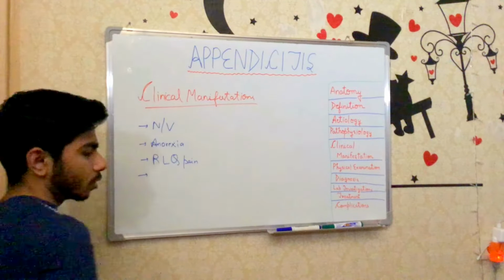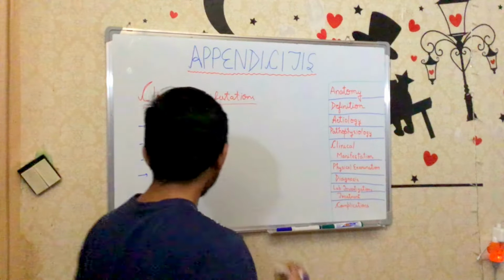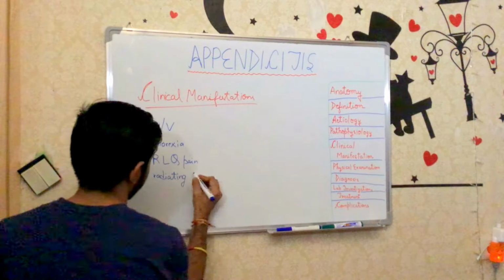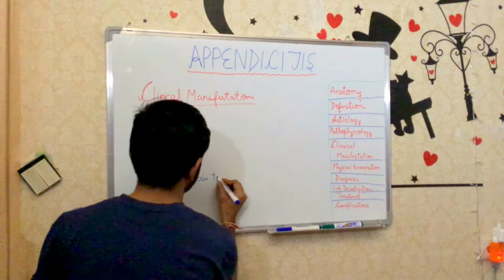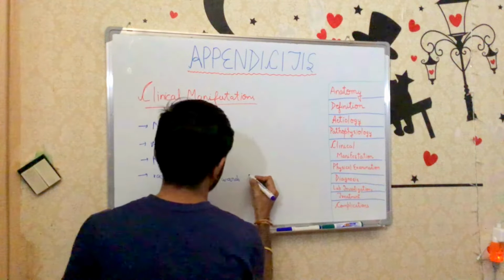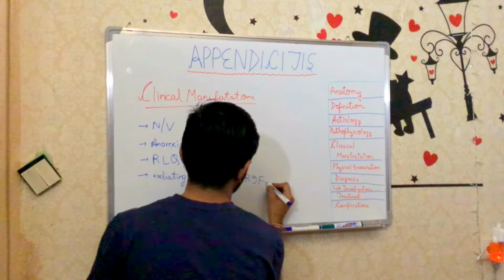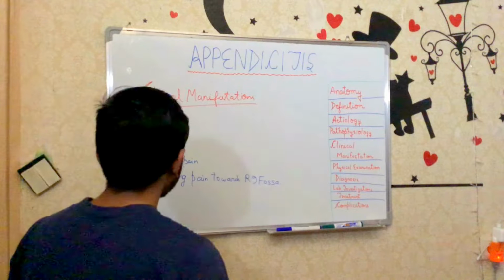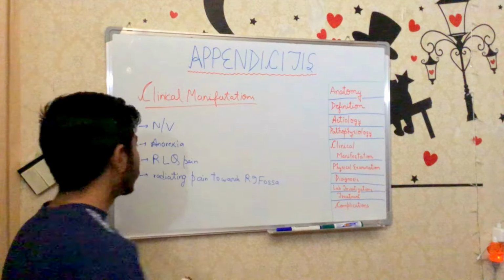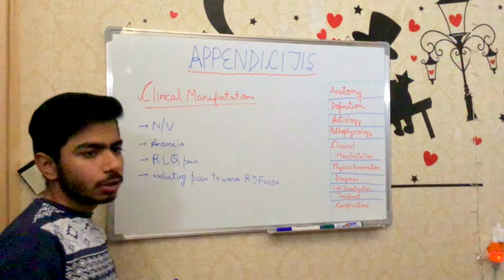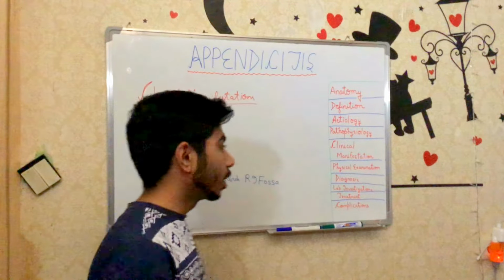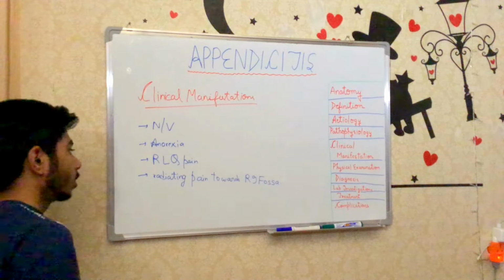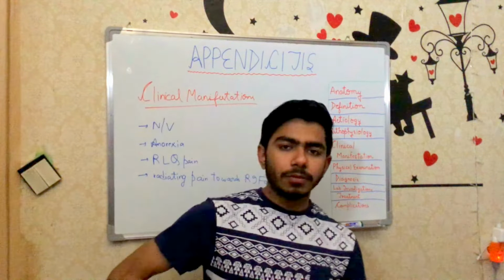The pain will radiate towards the right iliac fossa, radiating pain towards the right iliac fossa. So nausea, vomiting, these patients don't want to eat anything. They have anorexia, which means loss of appetite, right lower quadrant pain, radiating pains towards the right iliac fossa.